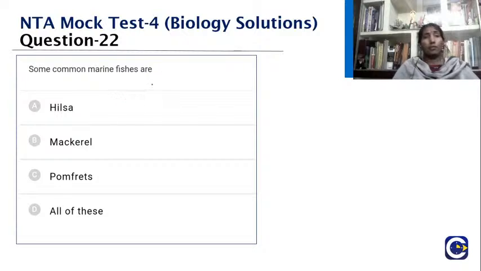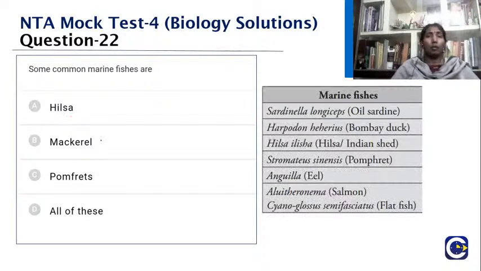Some common marine fishes are hilsa, mackerel, pomfrets. We are very well aware of all these three. They are the common marine fishes. You can see the hilsa, the Indian shad, and then the mackerel, the sardine, the pomfrets.